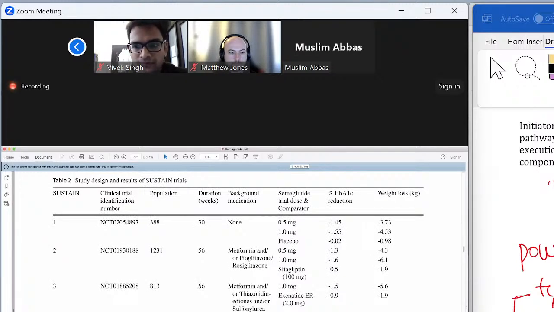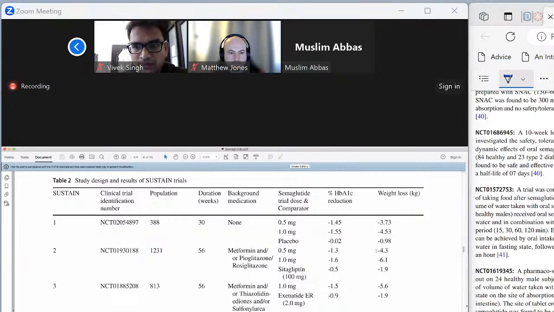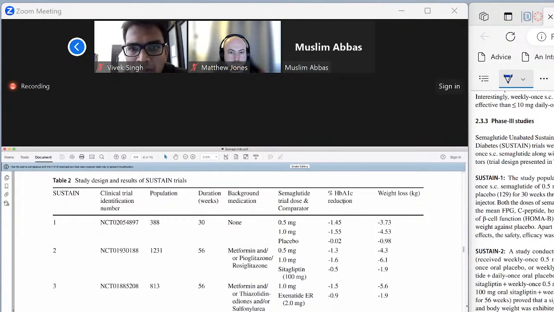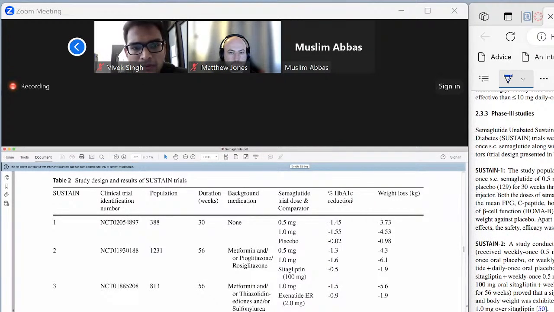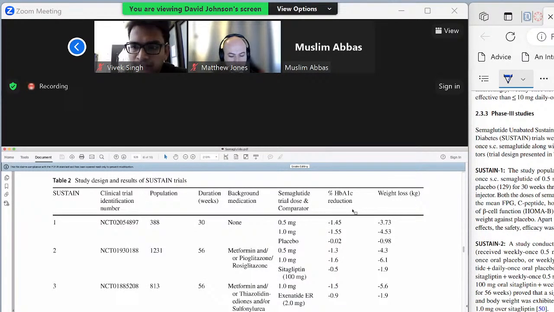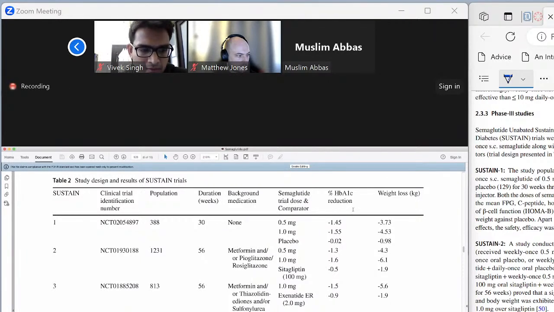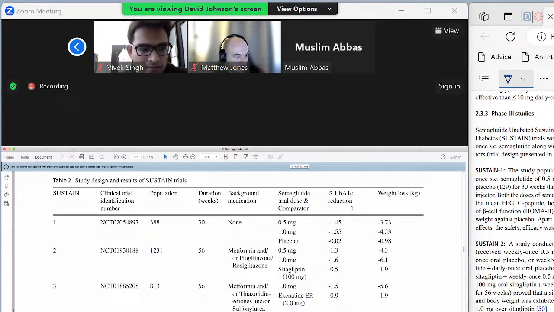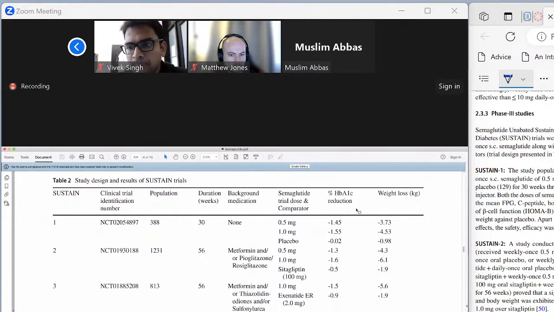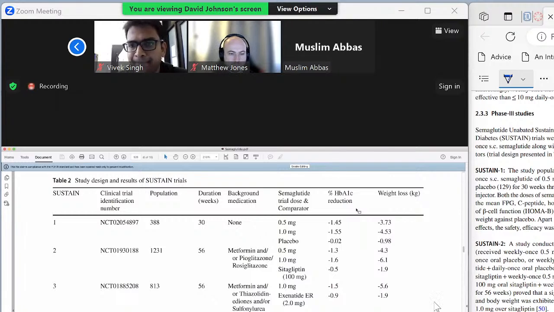These are all like weight loss and this HbA1c. What is HbA1c measure? It measures the average blood glucose level of a person. It's glycosylated hemoglobin. Very good. That's true.